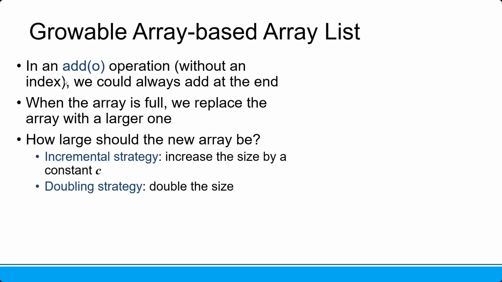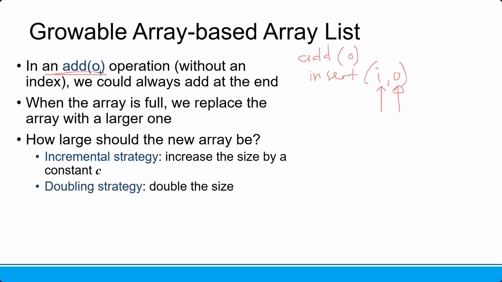In an add operation, we can have add, or we can also insert the object at index i. Or maybe the previous one we also use add. So we want to input at index i the object o.